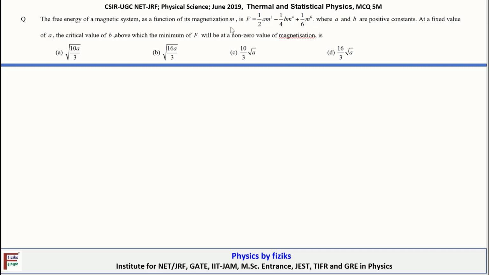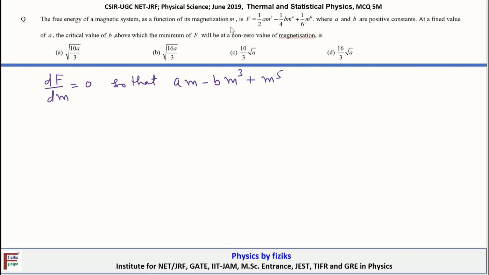Okay, so we can solve this problem by minimizing the given free energy expression with respect to the parameter M, which is magnetization. So we simply minimize the given free energy expression with respect to the magnetization, and equate this to 0, so that we obtain AM minus BM cube plus M5.